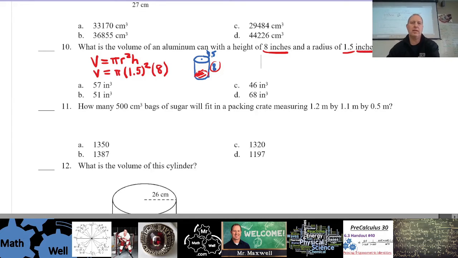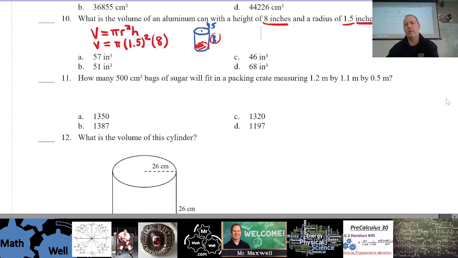All right, so let's take a look now at 11. 11's a good one. So 11 says, how many 500 cubic centimeter bags of sugar will fit inside a packing crate measuring 1.2 meters by 1.1 meters by 0.5 meters.